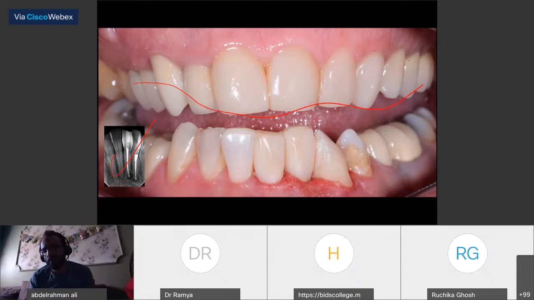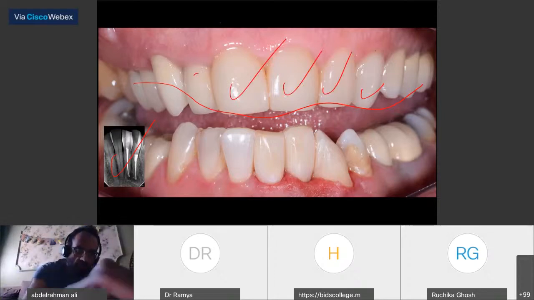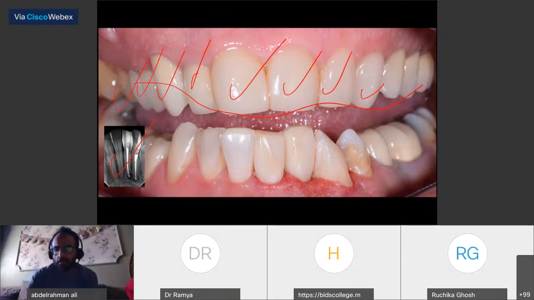You cannot tell. And he told me nobody can tell that I have done anything in my front teeth. Very good. The canine, the lateral, the central, it's all filling. And this is crown, this is crown, this is crown, and this is the filling they have done.